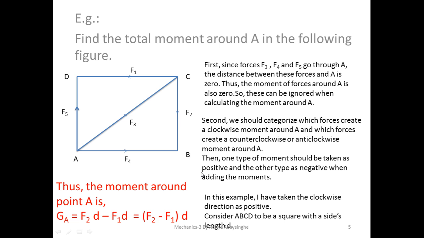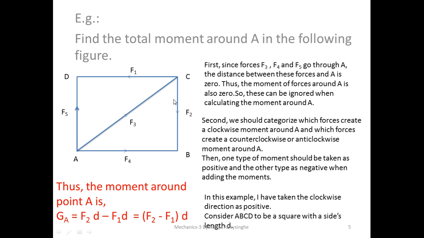If the length of these sides is D, so AB equals BC equals CD equals DA, because it's a square, then the moment around point A is F2 times D, right? I'll take the clockwise moment to be positive. So F2 makes a clockwise moment, which is positive, and F1 makes a counterclockwise or anti-clockwise moment, which is negative.